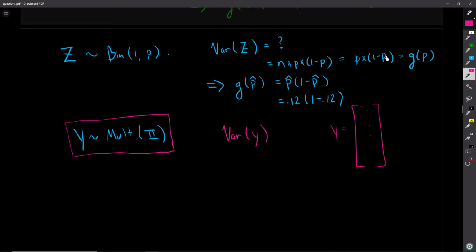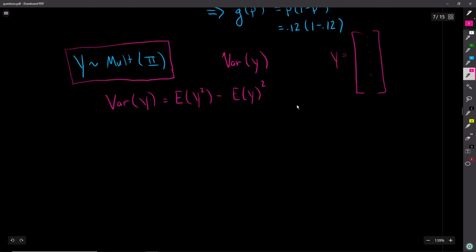And so we'll have to think about the variance of y by going back to the definition of variance, right? Remember that the variance of some random variable is equal to the expected value of that random variable squared minus the expected value of the random variable, squared. Okay? And so we can think about doing each of these. For the expected value of the random variable squared, well, what values can y take on?